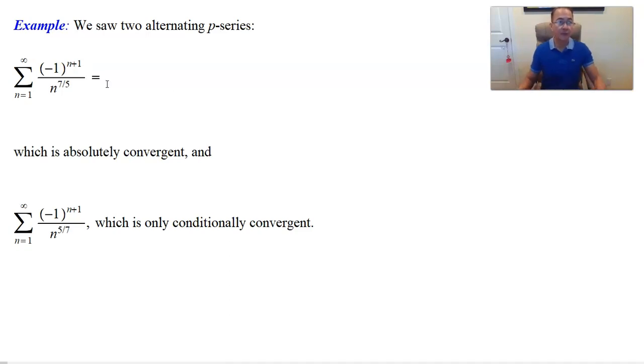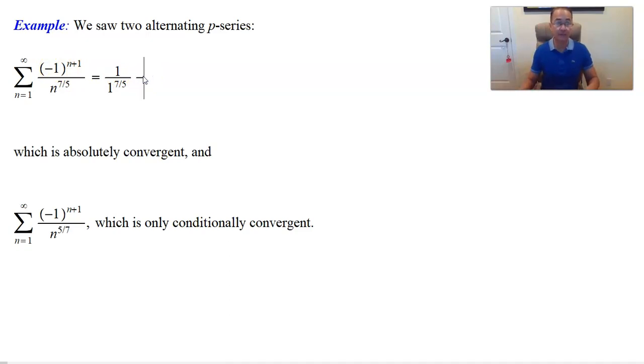Okay, so we start at 1, minus 1 to the 2, so we start at positive 1 over 1 to the 7/5. So it's going to be just 1. But to start us off, I am going to still put that 1 here. When n is 2, you're going to get minus 1 to the 3, minus.